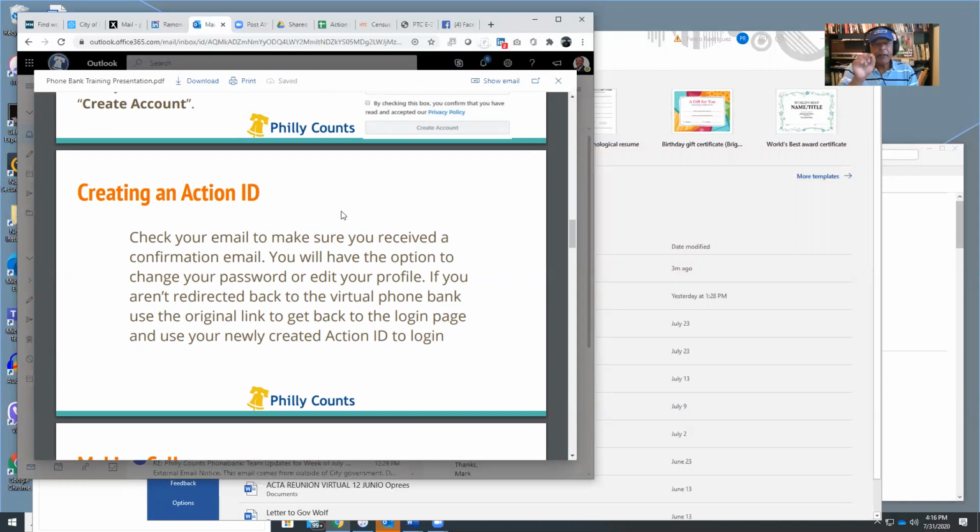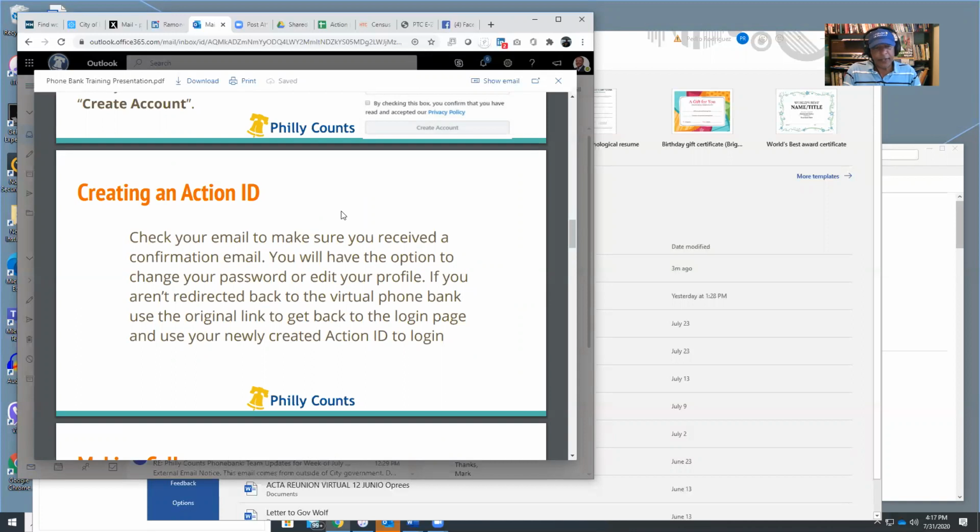Once you get that, you go back to your email, open your email folder, and you see it. You click on it. It should take you directly to the first page to start making calls. However, it is an opportunity for you to edit your profile if you like. You can either change your password or do some other things.